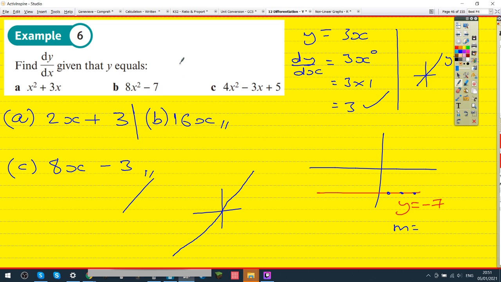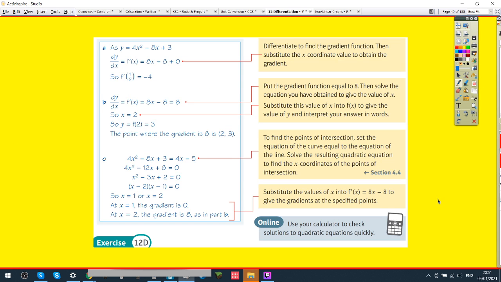It became 0. Yeah. What happened to plus 5 in part C? Anything without an x becomes 0. Correct. Because its gradient will be 0.